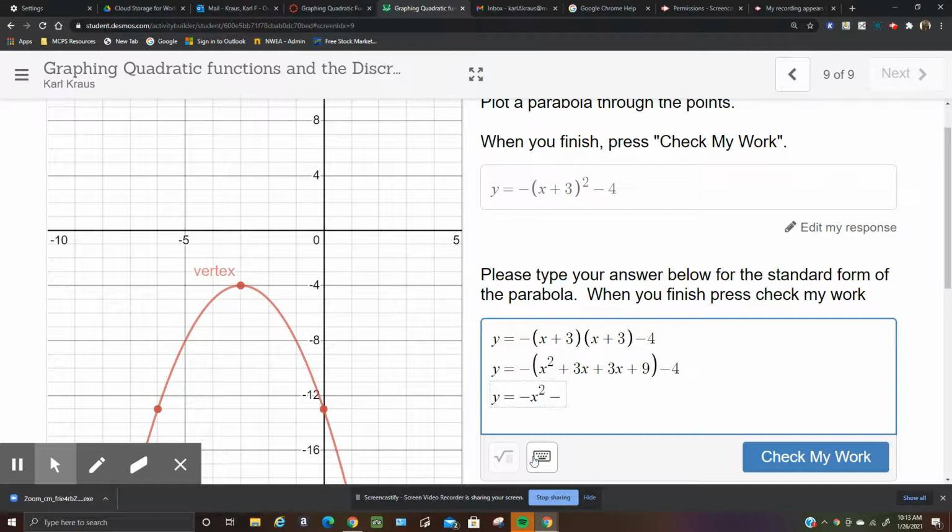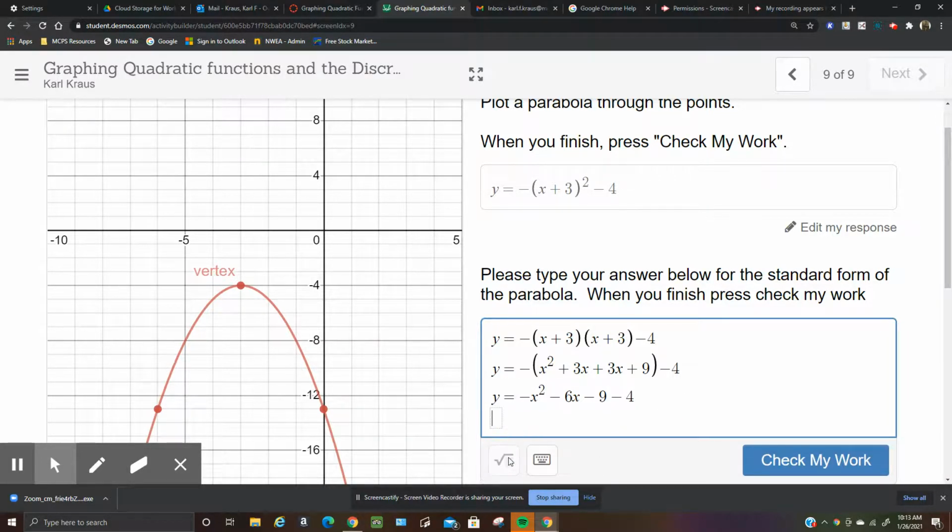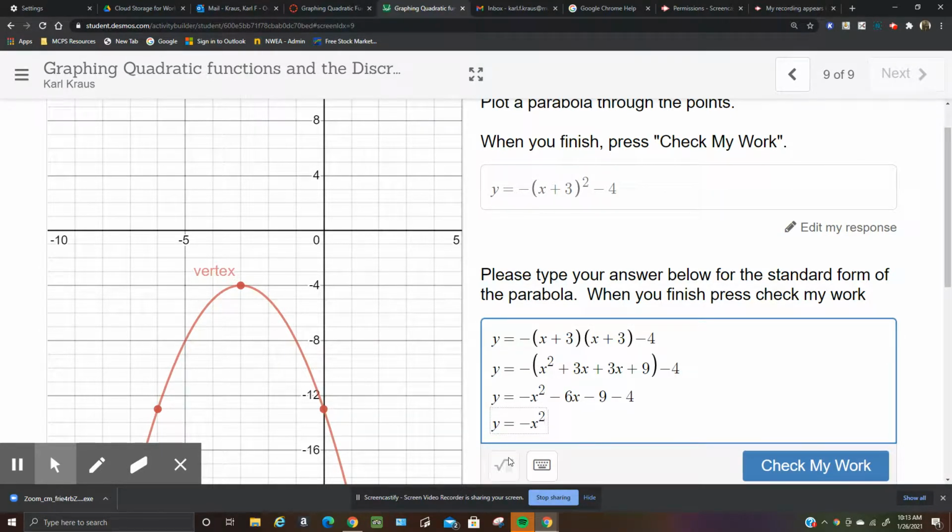I get minus 6x minus 9 minus 4, and combine like terms.